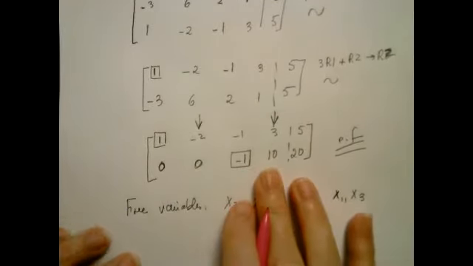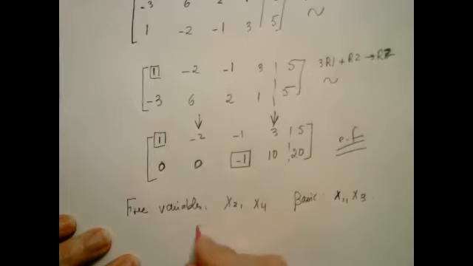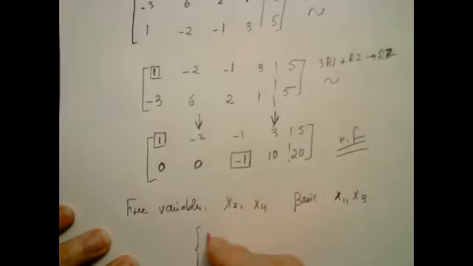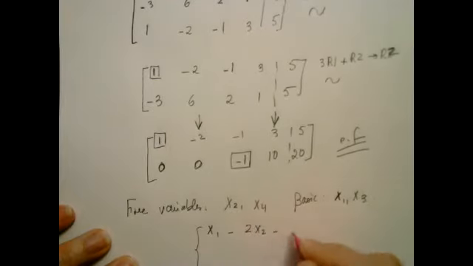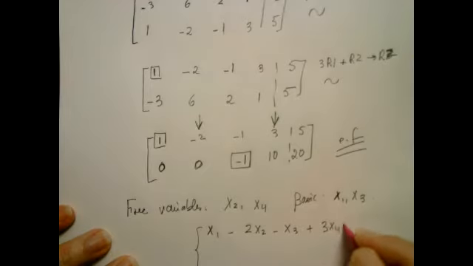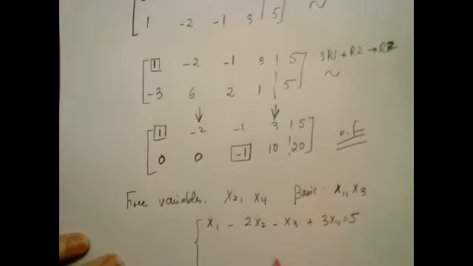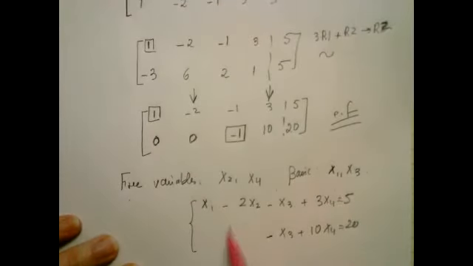Okay, and I write the system that corresponds to that. So I'm writing the system, but still I am not solving. Solving means we should be able to read the solution, to look at it and find the solution immediately. And this is minus x3 plus 10x4 equals 20. I identified my variables and then I wrote the system. We're not solving yet. This is still getting there.